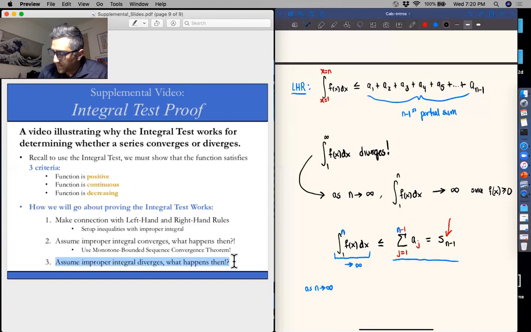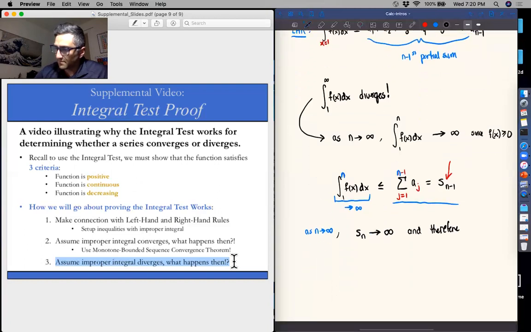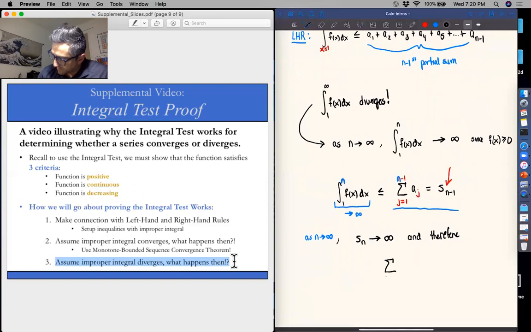So as n goes to infinity, our nth partial sum must also go towards infinity. And therefore, our infinite series diverges. So this is how we saw the consequence of what happens when that improper integral is divergent: it inherently implies that our series must also diverge.